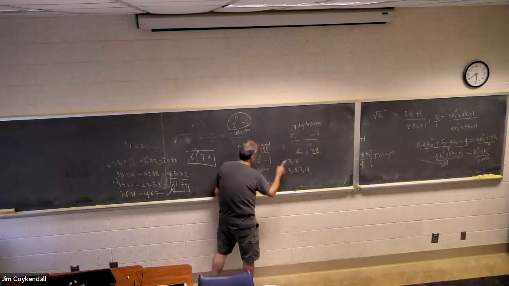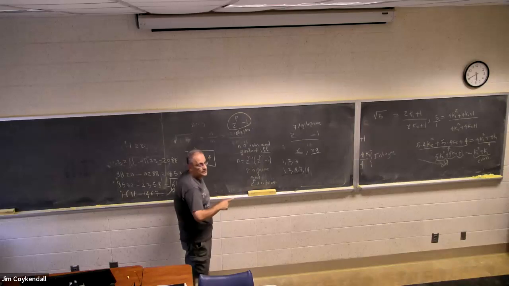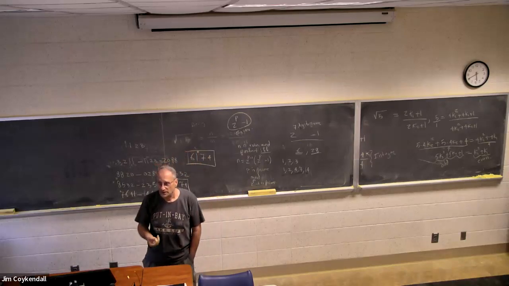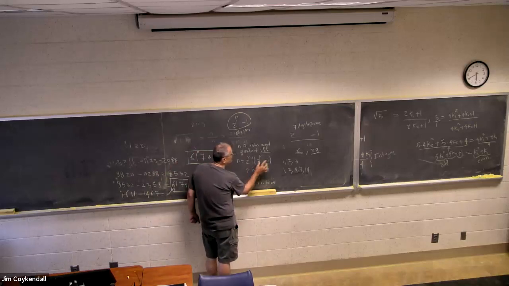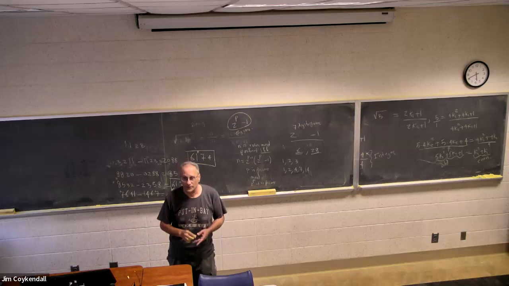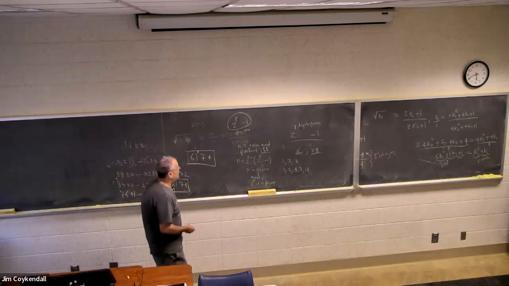Why 28? 2 to the 3 minus 1 is 7. 2 squared, 4. 4 times 7, 28. As long as this here is a prime and p is a prime, then you're going to get a perfect number, and this is if and only if. If and only if.